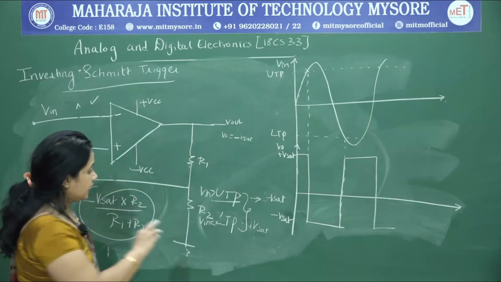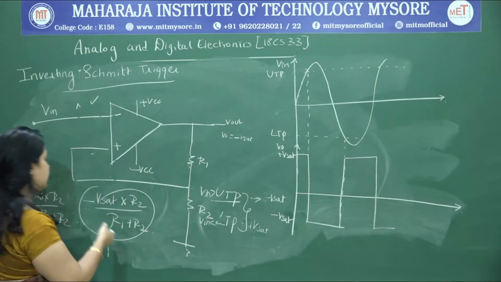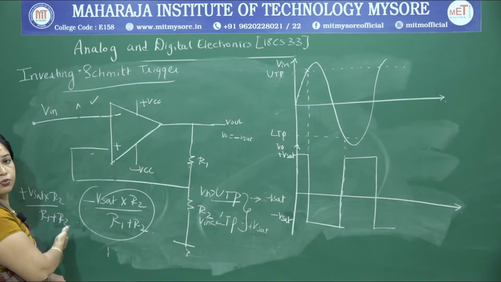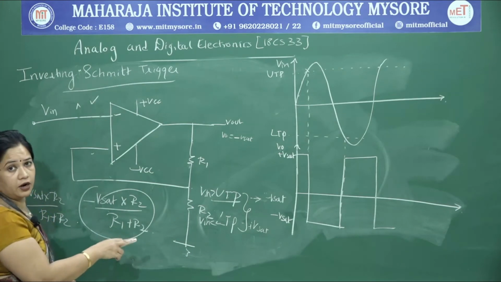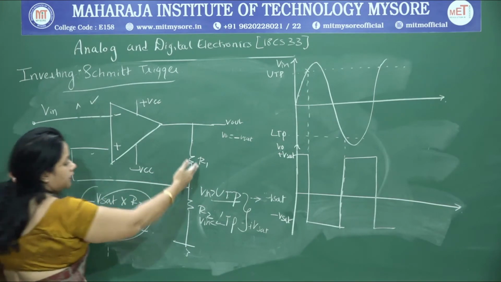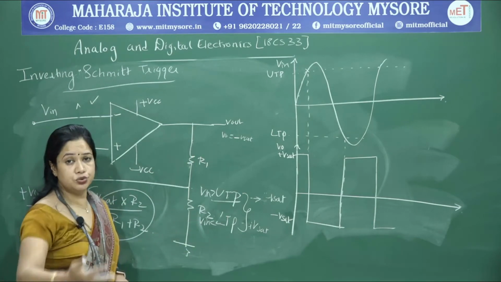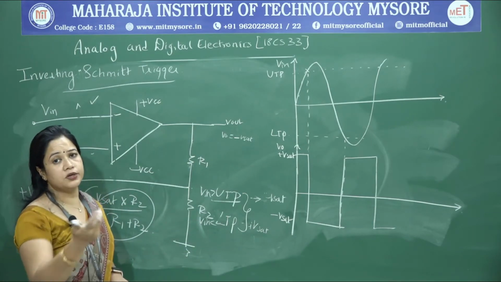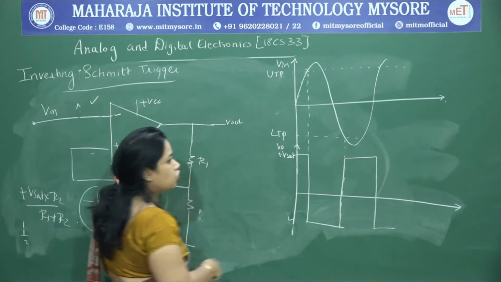We will see how to determine these upper and lower threshold points. What do they depend on? They depend on R1 and R2. So, the choice of R1 and R2 allows you to design a circuit with the required threshold points.